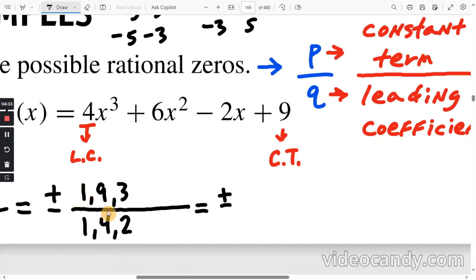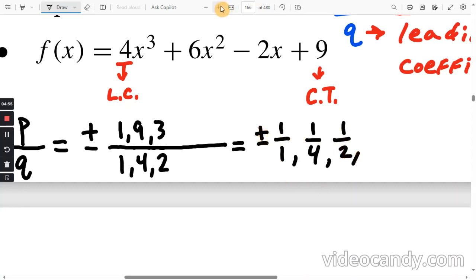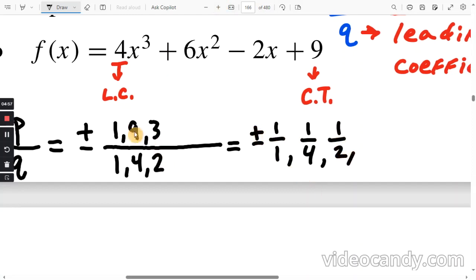Okay, and make all the potential fractions here. First, using the numerator 1, we have 1 over 1, we have 1 over 4, and we have 1 over 2. All right, the plus minus applies to all 3 of those. Now for the 9, we have 9 over 1, we have 9 over 4, and we have 9 over 2.